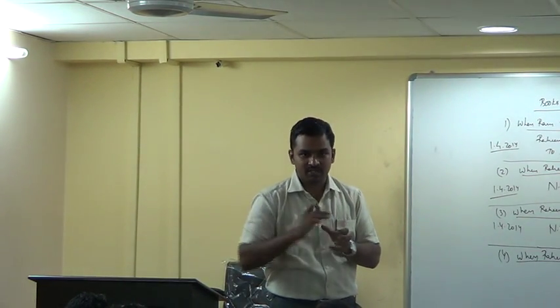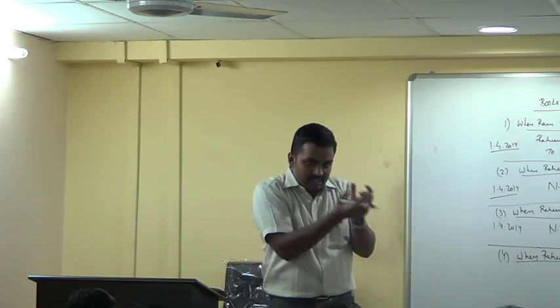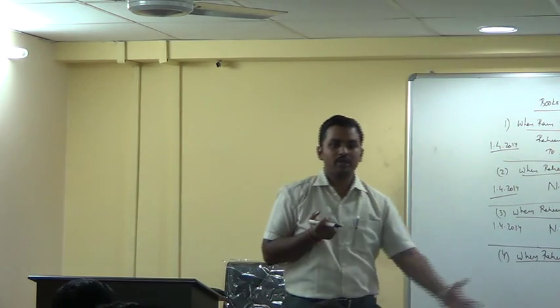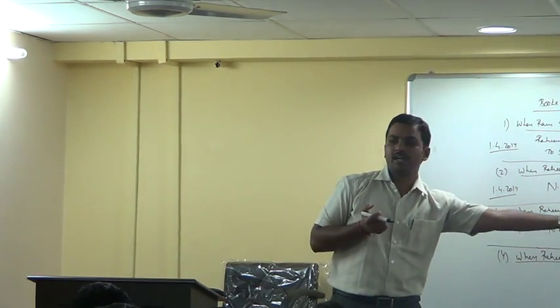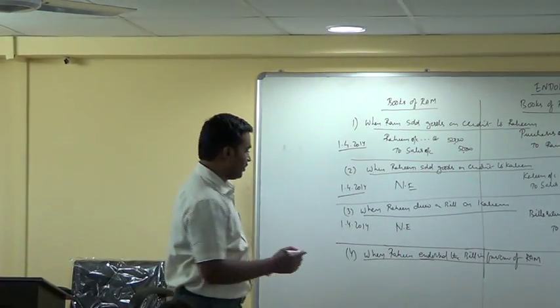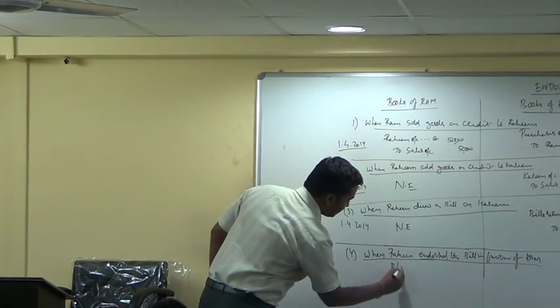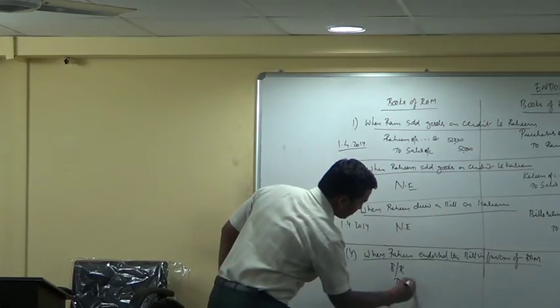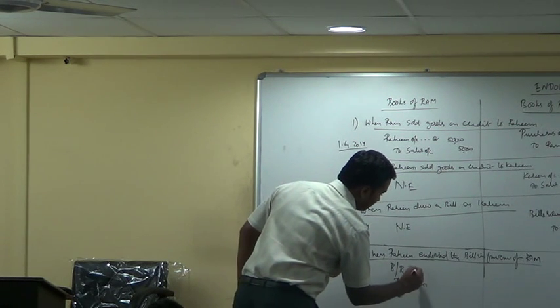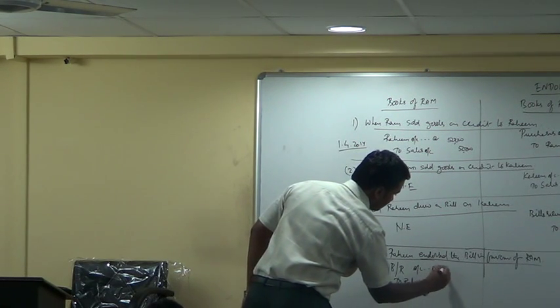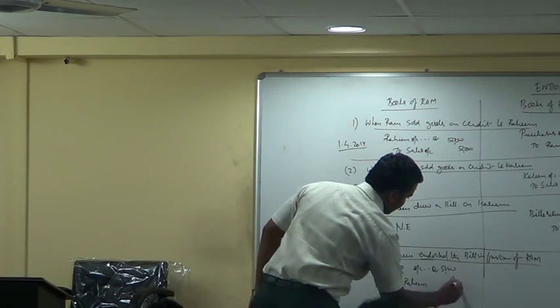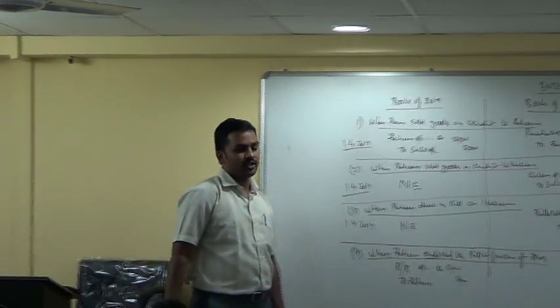It is an asset for him because he has to collect money on it. Bills receivable account debtor. Who gave this bill to him? Rahim, personal account giver, credit. So what is the entry? Bills receivable account debtor to Rahim account.